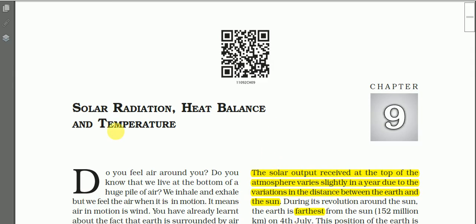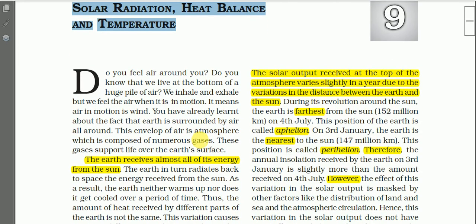So this is the chapter, Solar Radiation, Heat Balance and Temperature, Chapter 9. Now let us read.